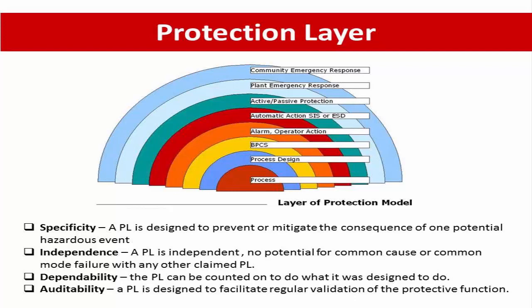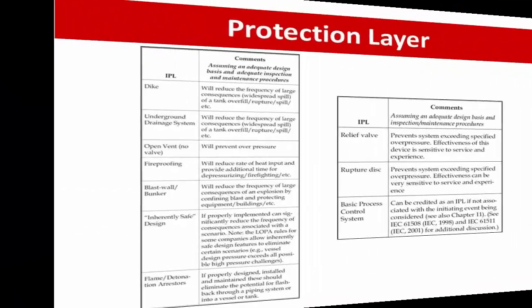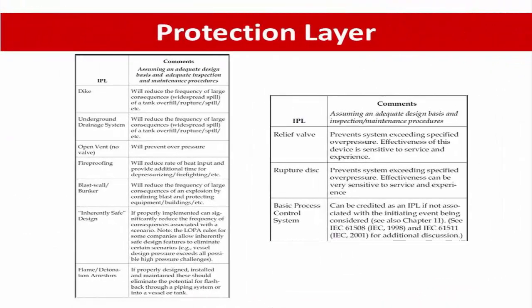So, next, protection layers. The following are examples of general protection layers to control and mitigate process risks that you may find every day in the process. First, the IPL starts with the dike that can reduce the frequency of large consequences such as spillage, tank overfill, or tank rupture.